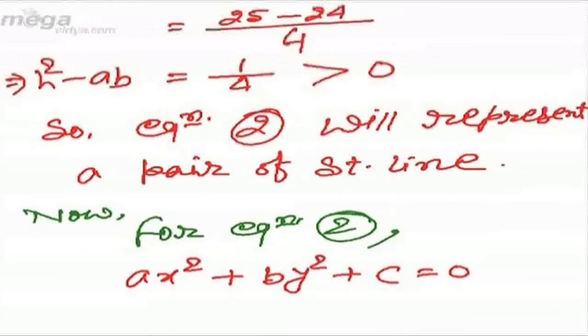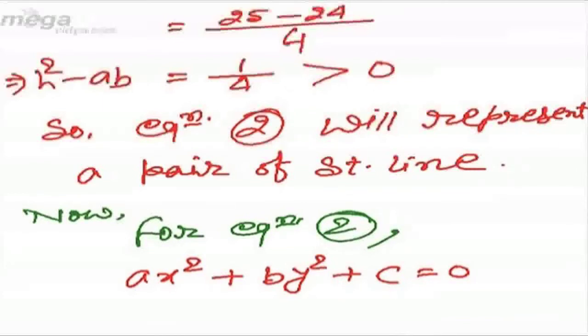So if both are positive, plus sign is given, it means we can't factorize this quadratic polynomial into two linear factors. So this won't represent a pair of straight lines.